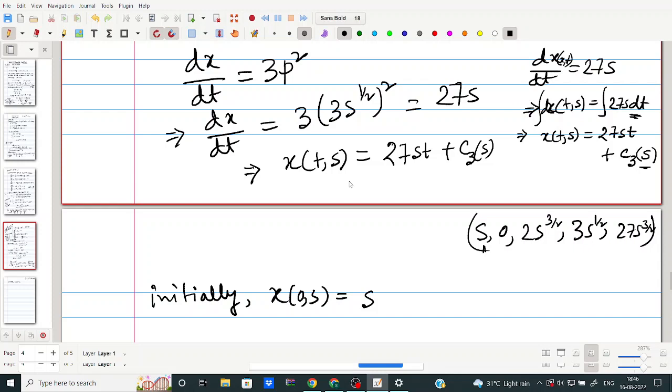How do you do that? You know that y is minus t, and x I get as 27 s t plus s. So I have to find s in terms of x and y from these two relations.